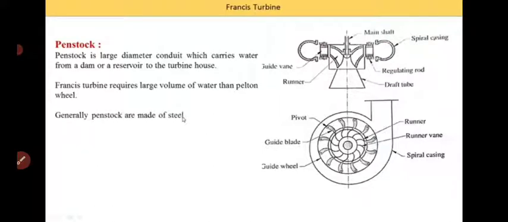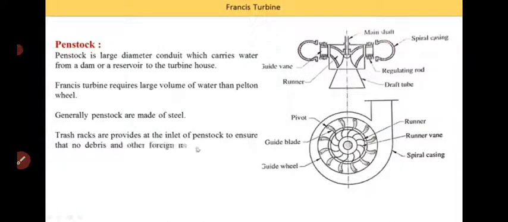Generally penstocks are made of steel and concrete, depending upon the quantity of water and the availability of the head. And a trash rack is provided at the inlet of the penstock to ensure that no debris and other foreign matter enters into the penstock.